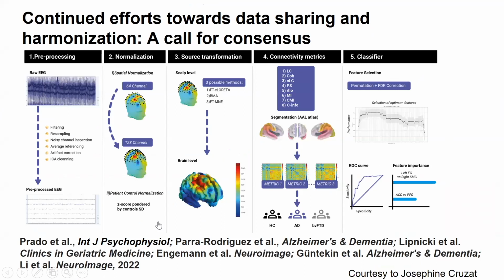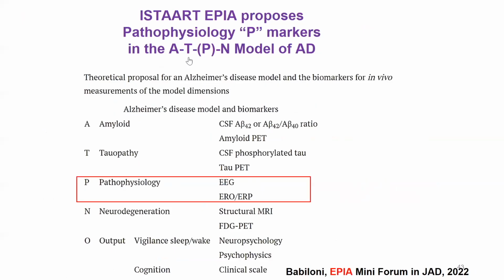And there is a call for consensus in all these papers from Prado et al., Parra-Rodriguez et al., Lipnicki et al., Engemann, and Güntekin et al. So we propose, as Claudio stated, the pathophysiology of P markers in the ATN model to become the ATPN model.